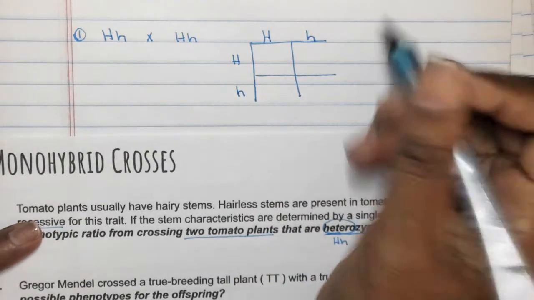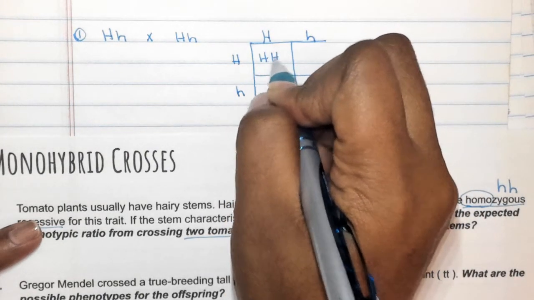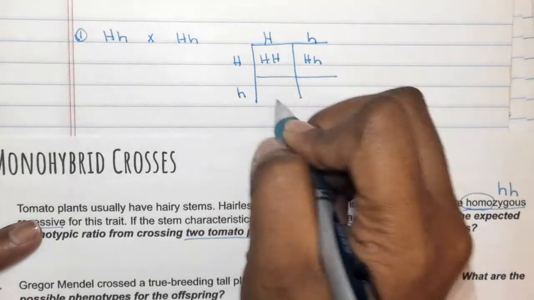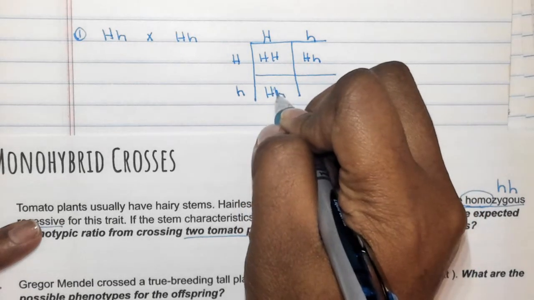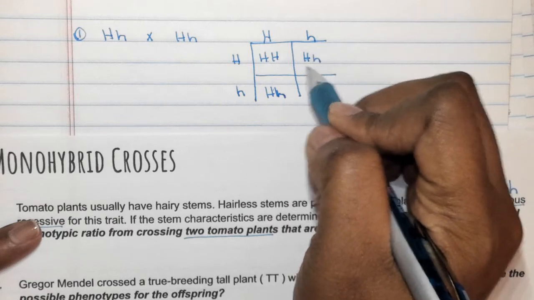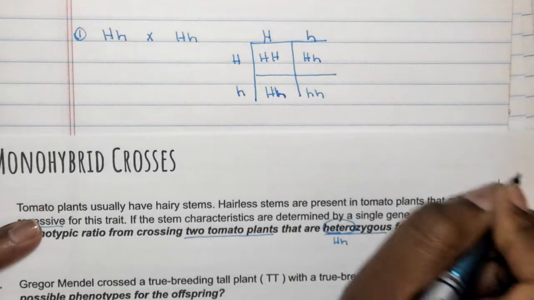So big H, big H, big H, little h, big H, little h here. Notice I'm consistent. I put the same letter. If it's a heterozygote, I always put the big H first. Little h there.